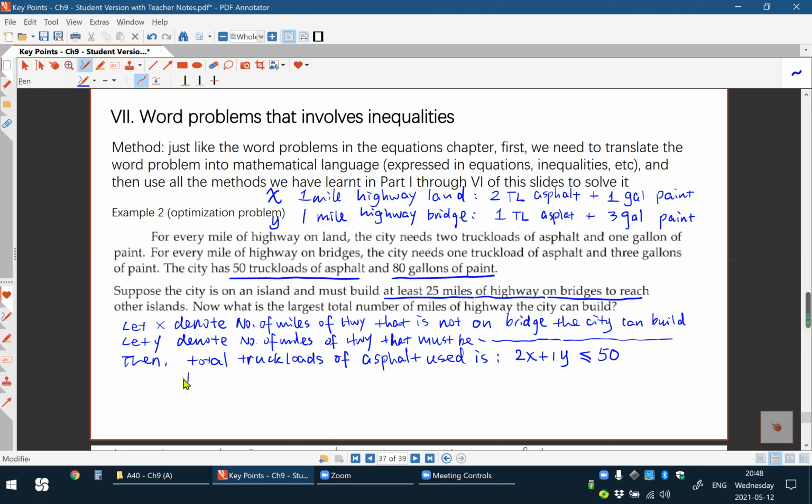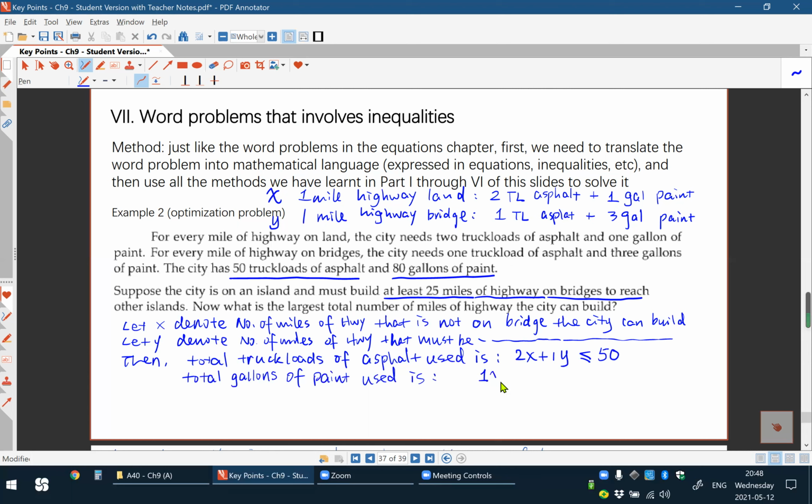Also, we know that the total gallons of paint used is how much? For every mile of highway that is not on the bridge, we need 1 gallon of paint, right?